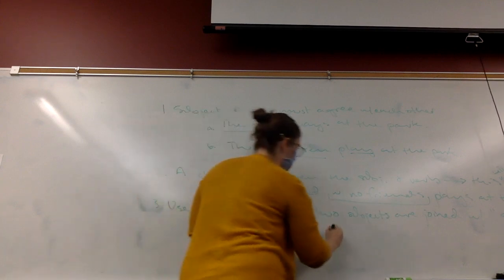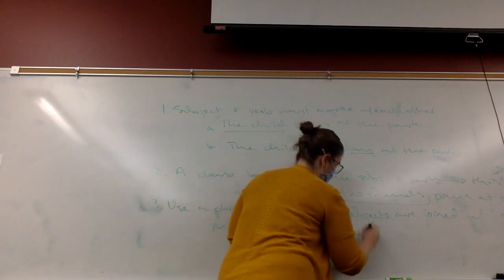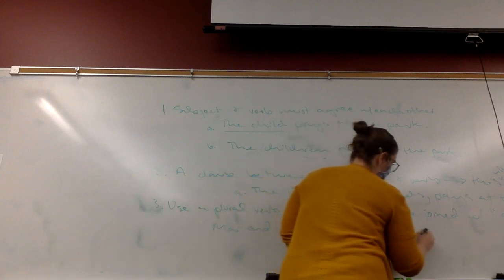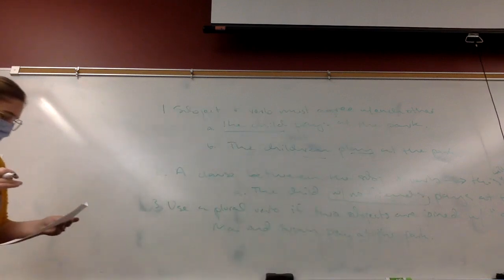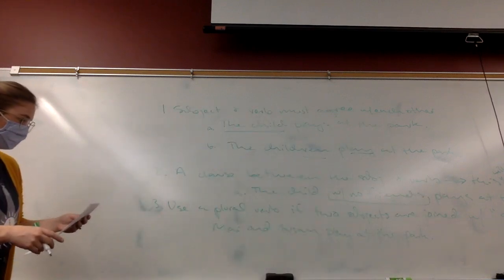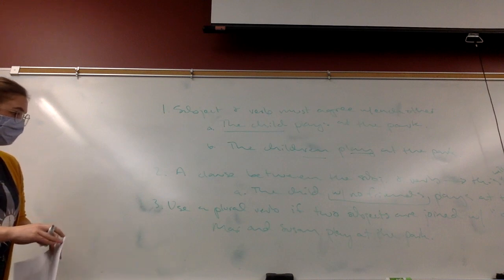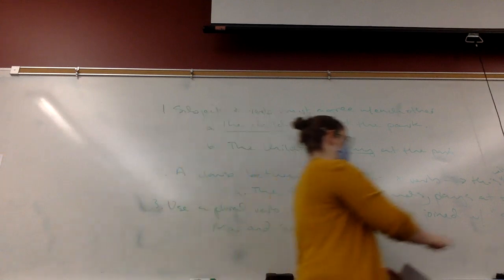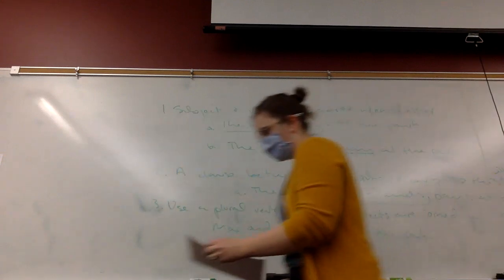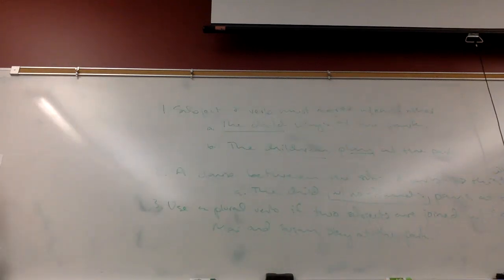You still have two, so you have to say play at the park. You use the plural verb. Go fast with some of these, especially at the beginning when they're pretty basic.